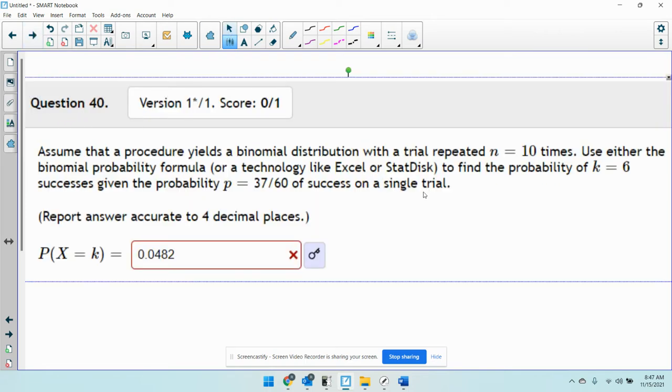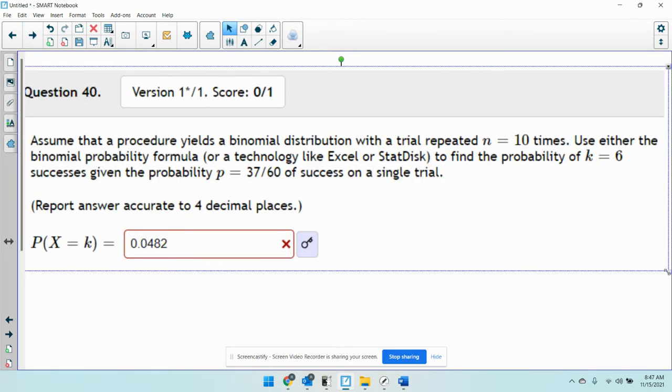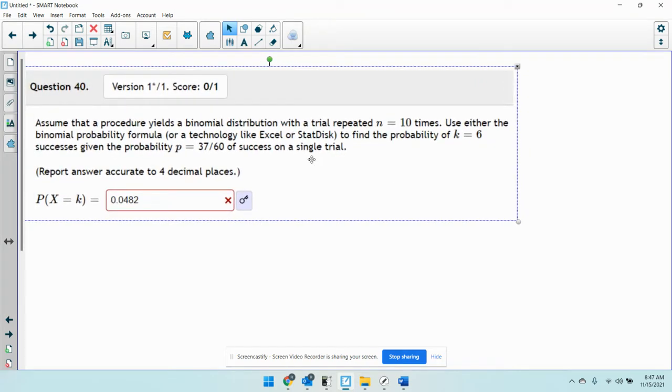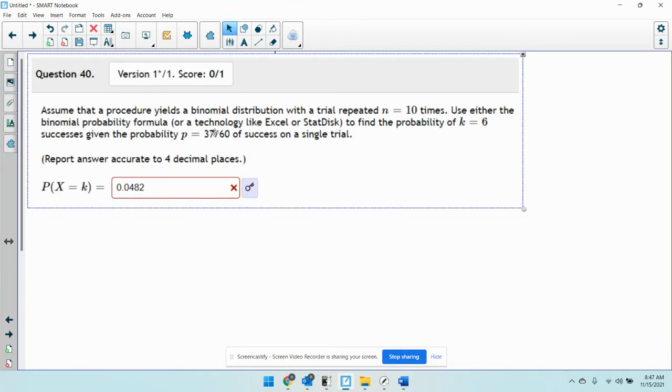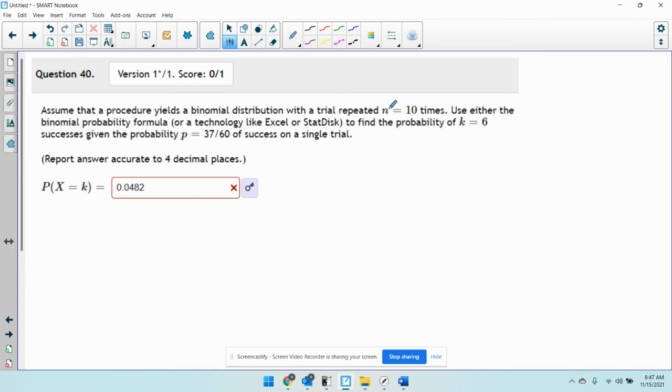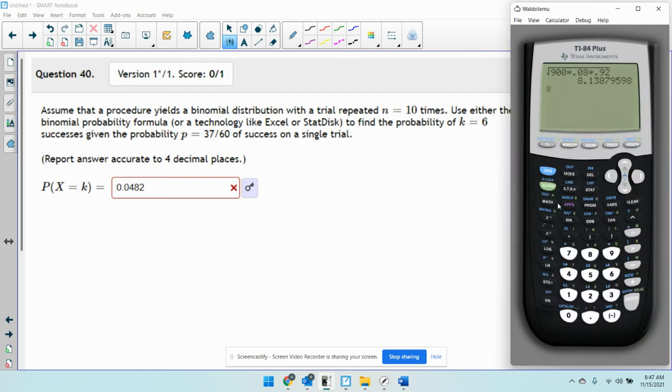Okay, question 40 says, assume that a procedure yields a binomial distribution. Of course, we're in chapter 4. 10 repeated trials, use either the binomial probability formula or technology. We won't use Excel or StatDisk to find the probability of k equaling 6 given the probability success rate of 37 over 60. They just straightforwardly tell you, don't make it more complicated than you have to.